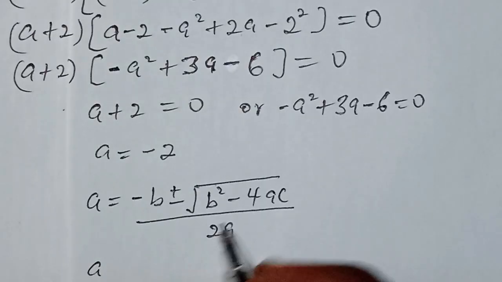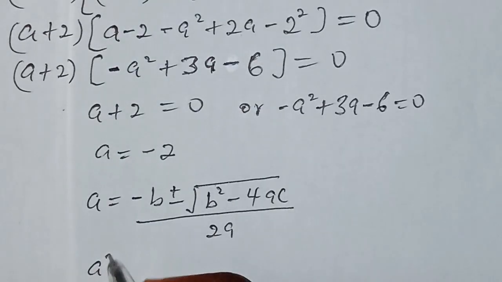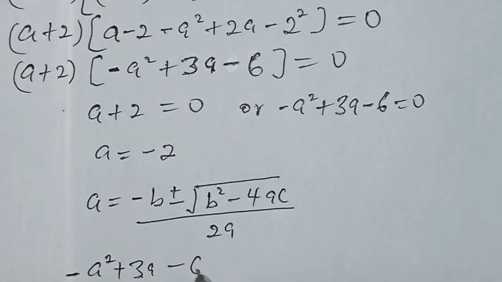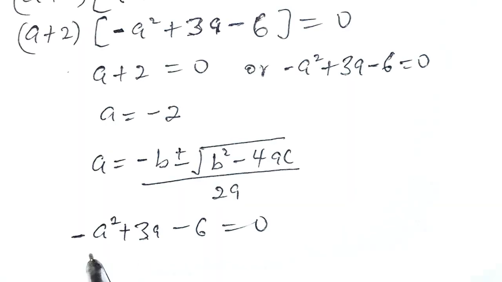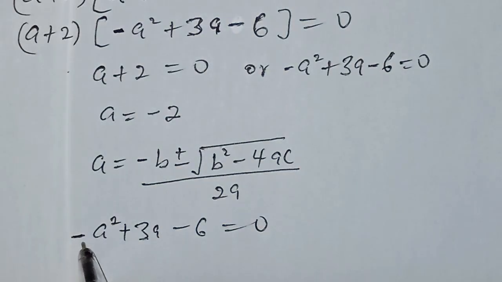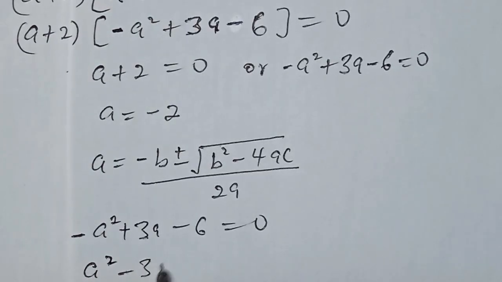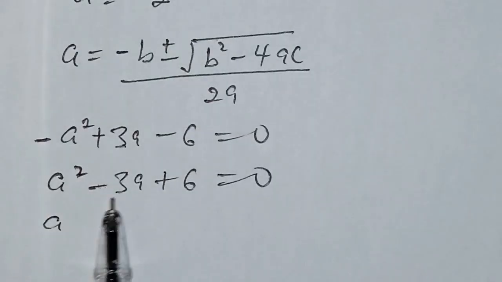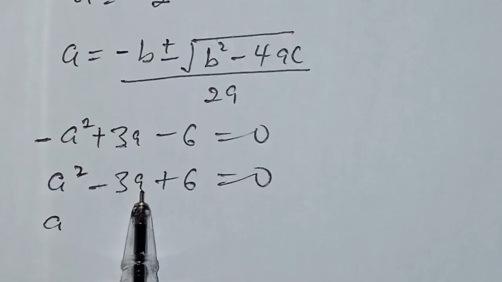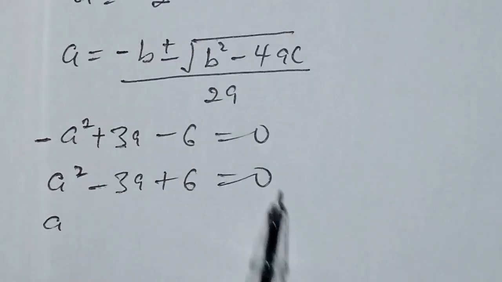If we have our expression minus a squared plus 3a minus 6 equal to 0, we can multiply both sides by minus 1. So we have a squared minus 3a plus 6 equal to 0.